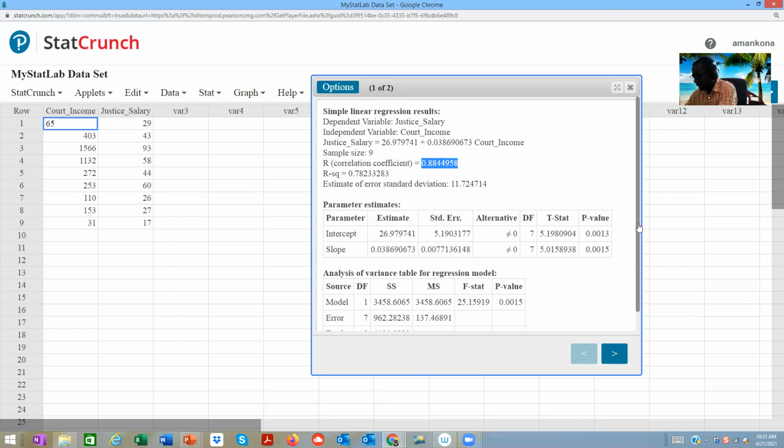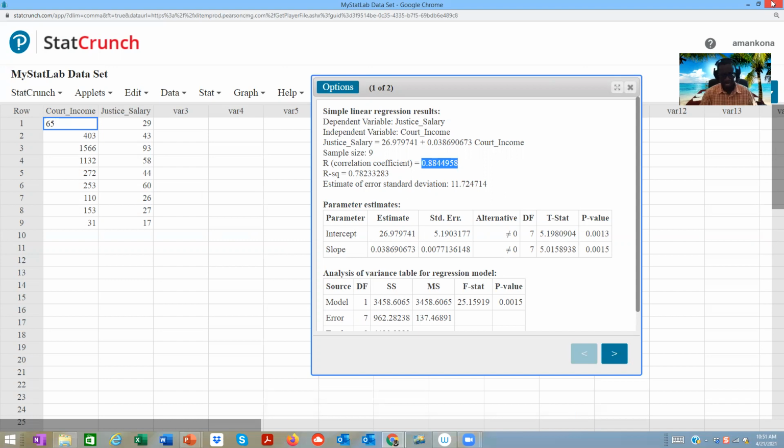All we need to do is write these down. The correlation coefficient is 0.8845 to four decimal places. The test statistic is 5.0158, and the p-value is 0.0015.